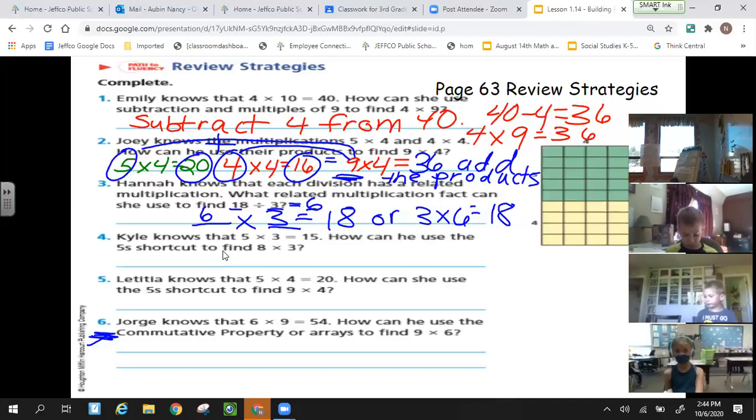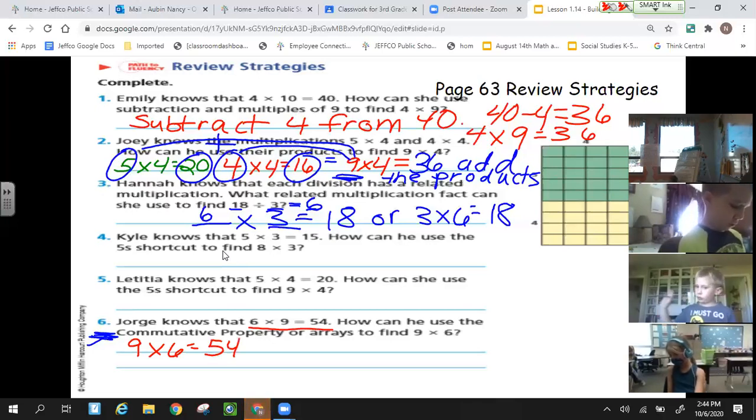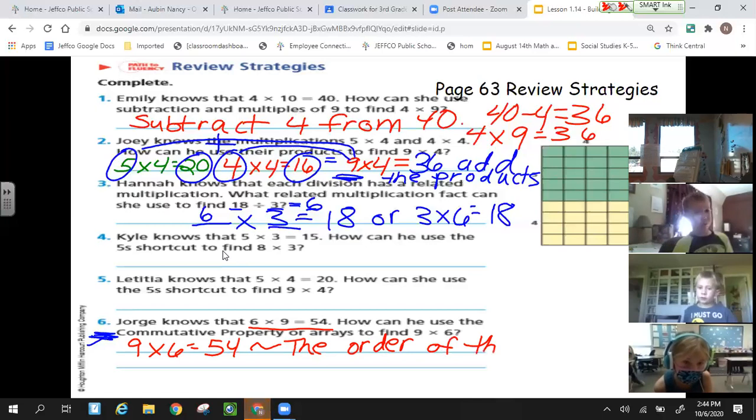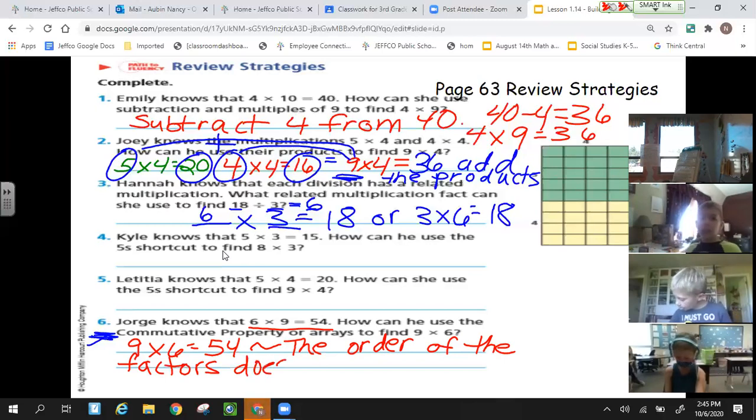So I know 6 times 9 equals 54. So then I switched it, and then it still equals 54. Okay, so 9 times 6 still equals 54 because commutative property says the order of the factors does not matter, right? Does not affect the product.